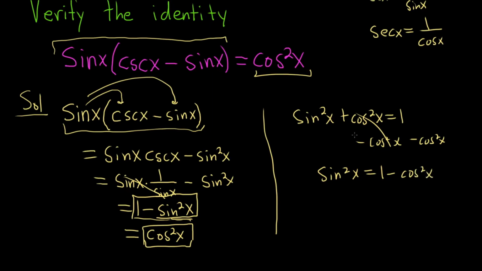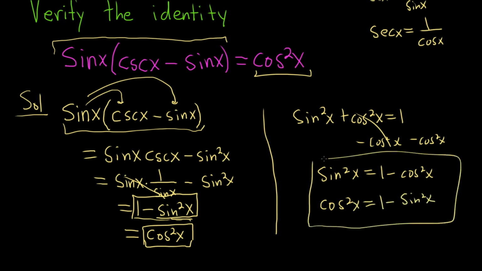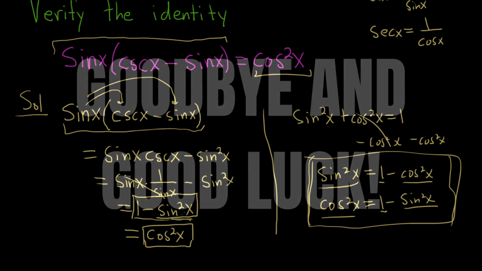Likewise, you can subtract sine squared from both sides, and you end up with cosine squared equals 1 minus sine squared. So here's the memory trick. Sine squared is 1 minus the other one squared. Cosine squared is 1 minus the other one squared. At least that's how I am able to memorize it, and I'm able to do these problems. I hope this video has been helpful.